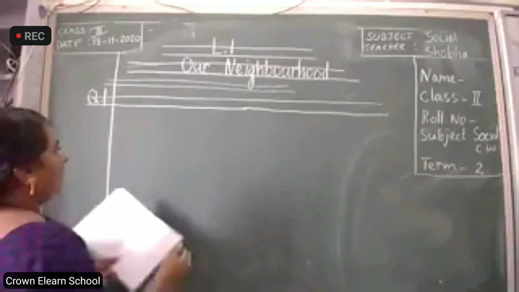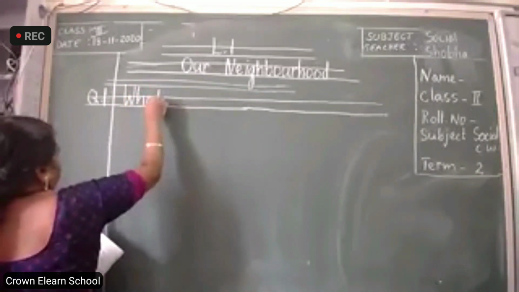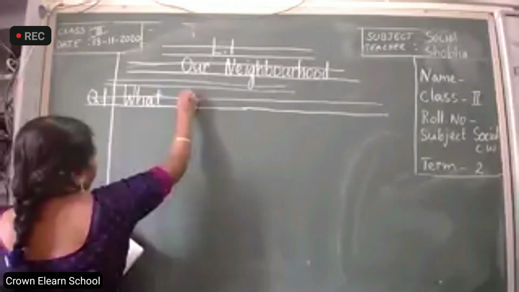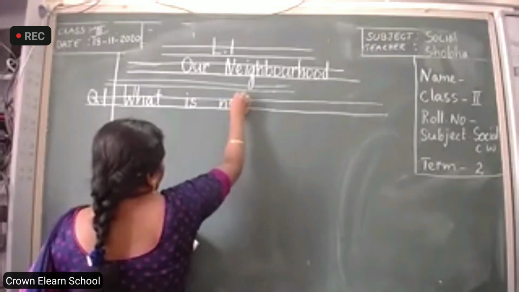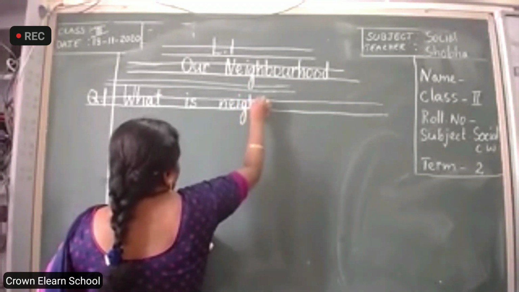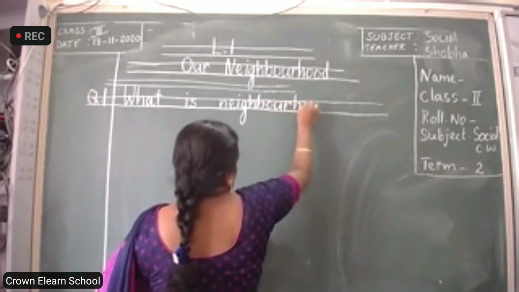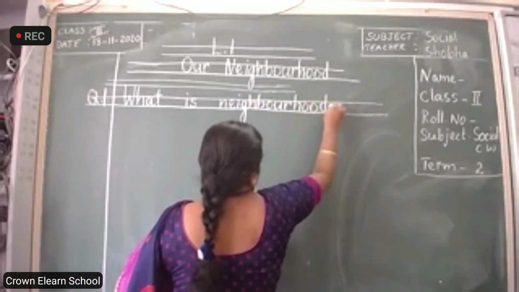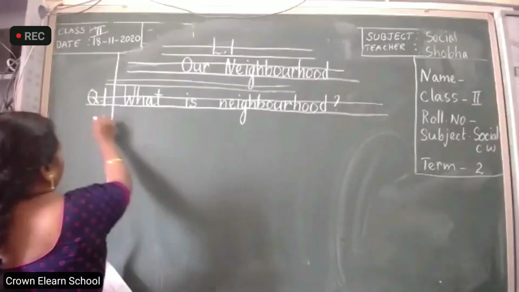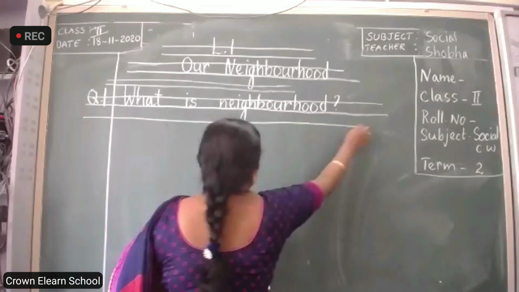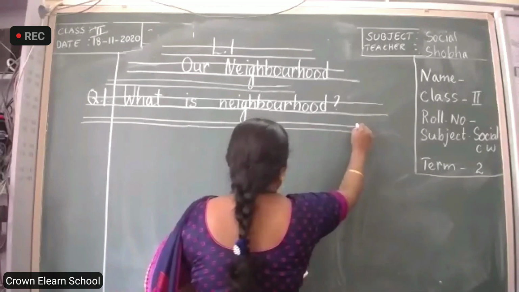What is neighborhood? Neighborhood, question mark. Now leave a line. After the question, leave a line.